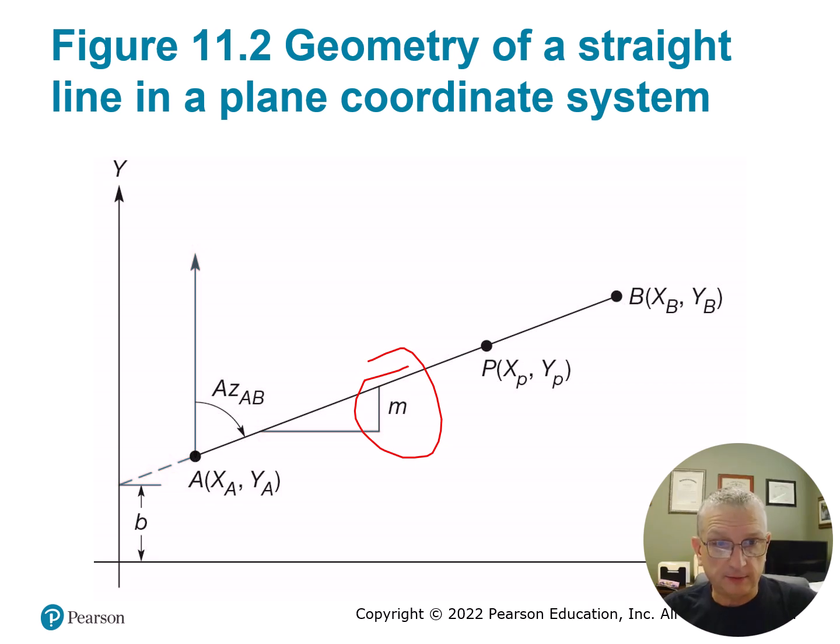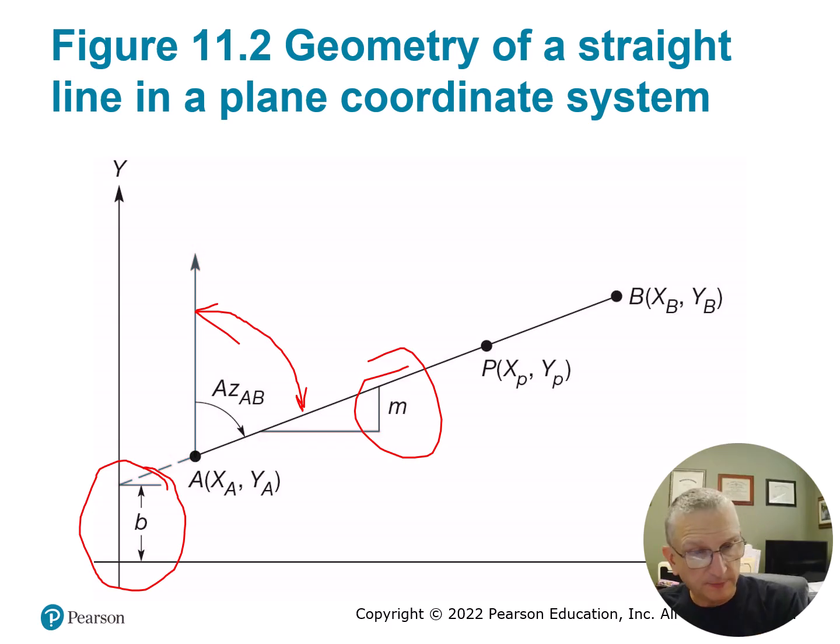So we've got A and B and P. And the slope of that line is also equated to the azimuth. I don't really understand what B means, but I guess that's the height above the x-axis of where this intersects the y-axis, which does tie back into some of the quadratic equations from college algebra and trigonometry.